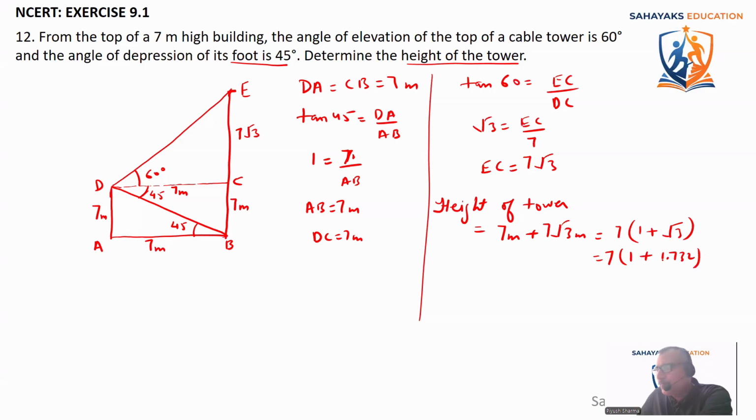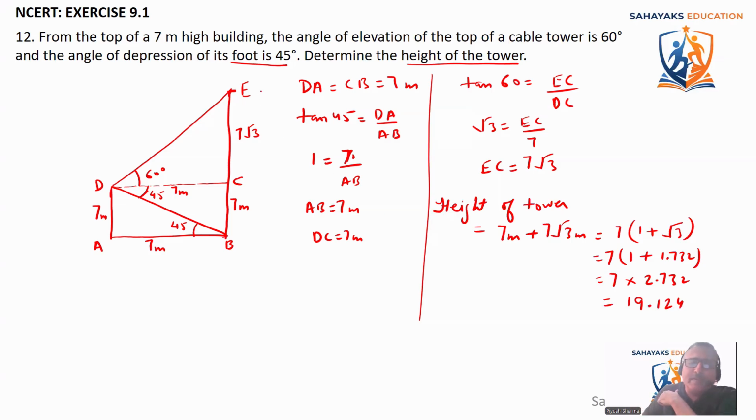1.732. So it comes out to be 7 multiplied by 2.732. And this comes out to be 19.124.